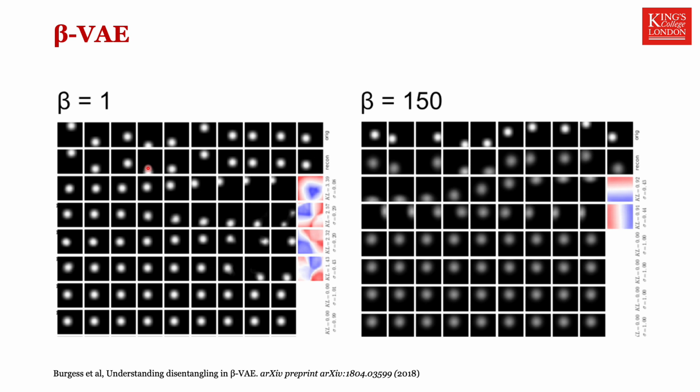However, if you look into specific components of the code distribution, the space of Z, and change, for example, the first, second or third component of the latent space Z, what you see is this. Changing the first component would make the blurry circle move from the central location to the top left.